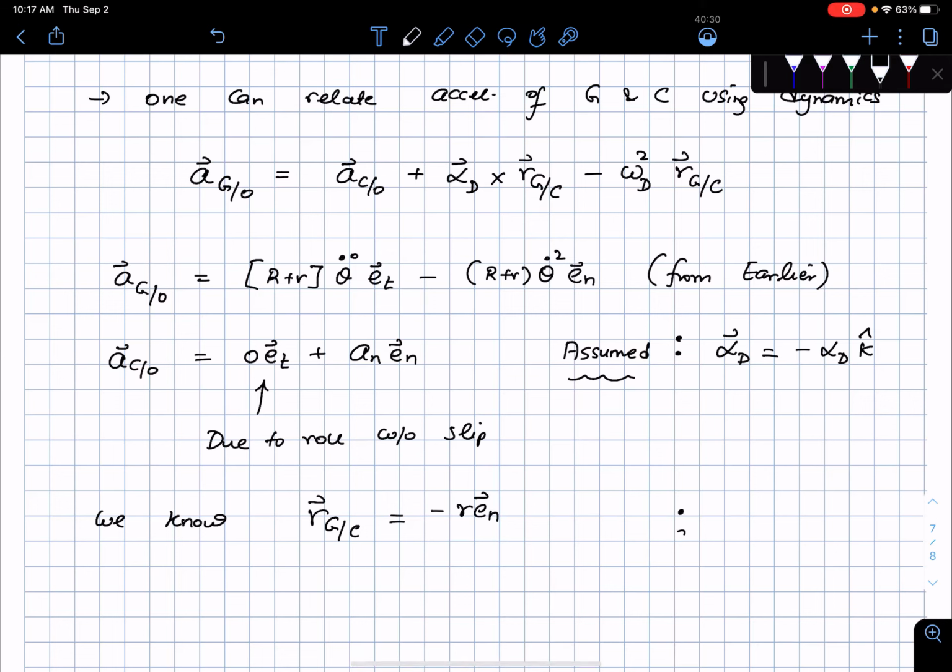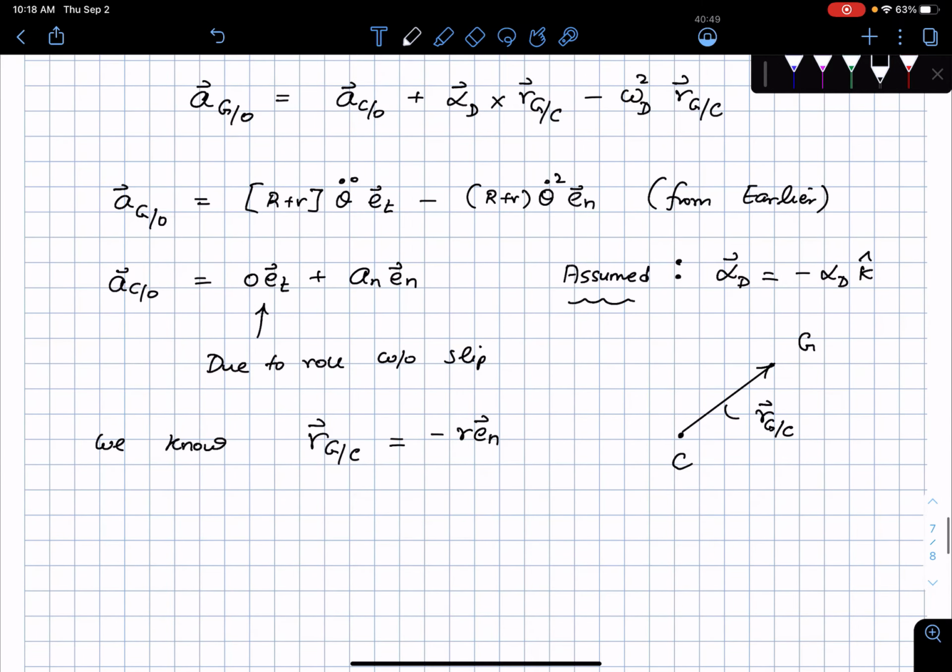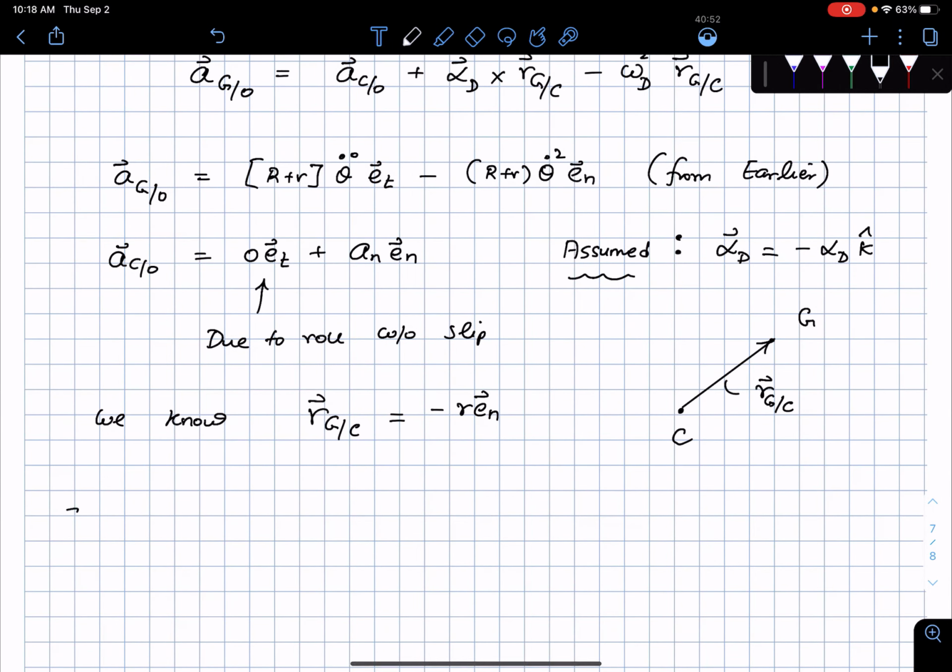Okay, so if this is point C, if this is point G, then the arrow is going to point from C to G, so this is going to be r of G slash C. I'm going to write the G carefully, r of G slash C. If you do the substitutions, you'll end up getting the same expression. I just want to show it very quickly. So r plus r theta double dot Et minus r plus r theta dot square En.